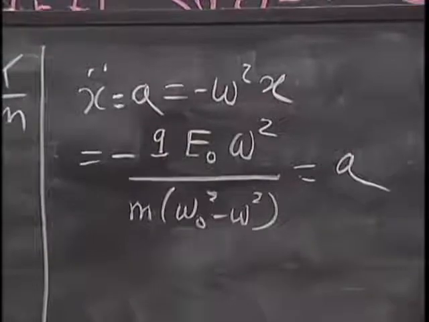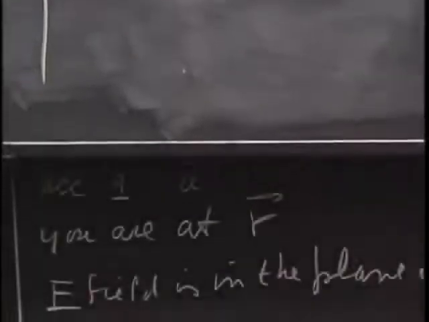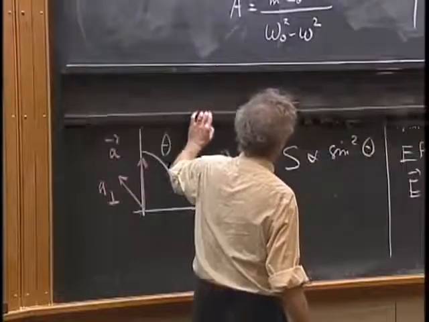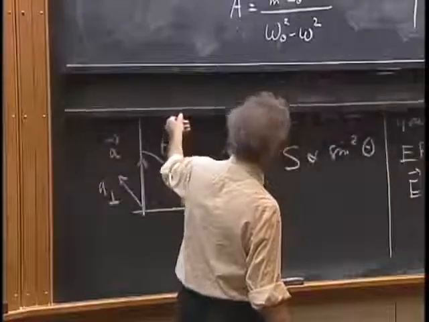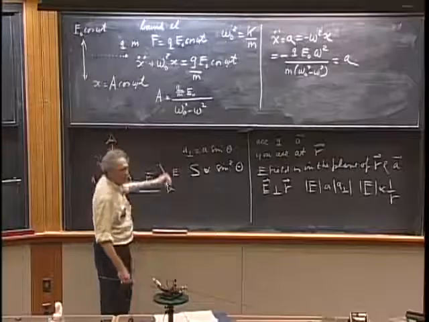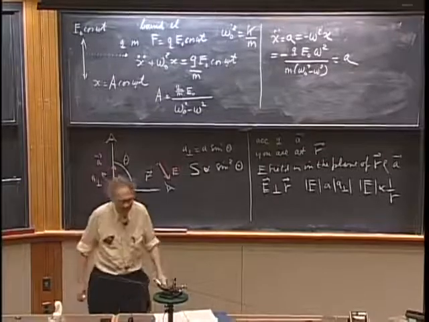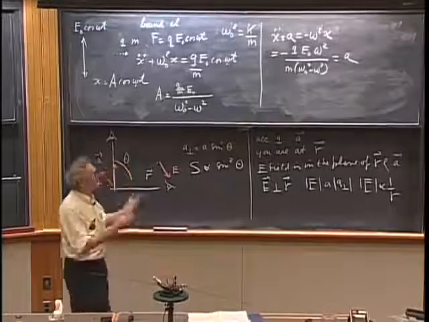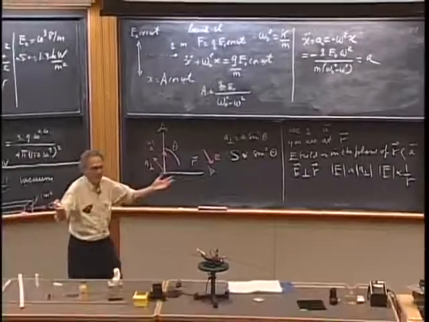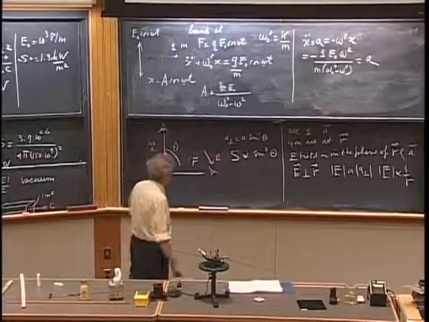But now I know how much power goes into that field. So the total power that is radiated is proportional to a squared. I hope you remember that. I erased the wrong part of the blackboard.